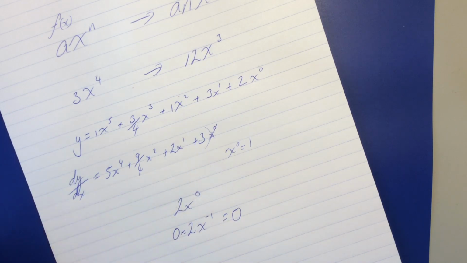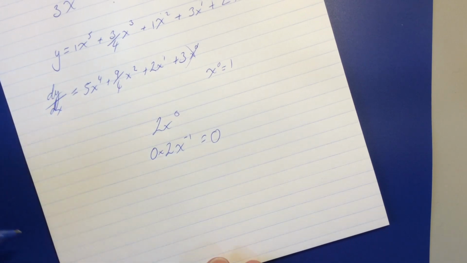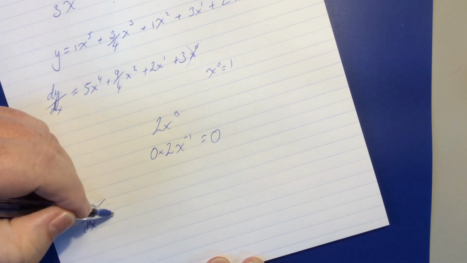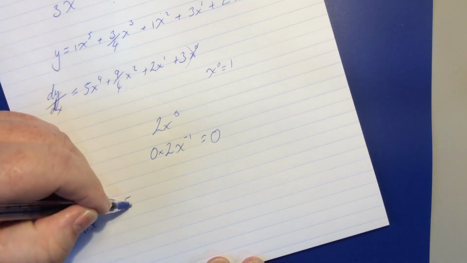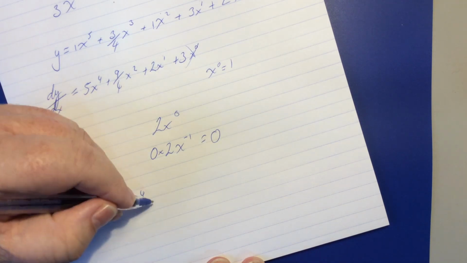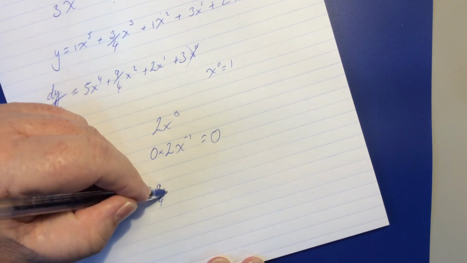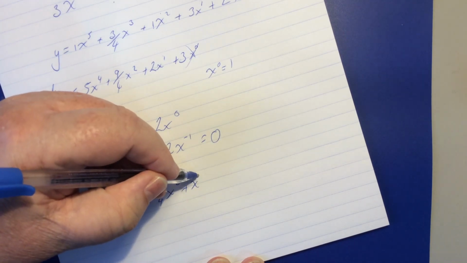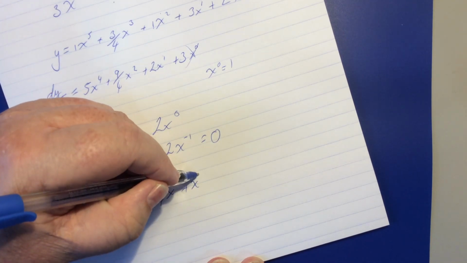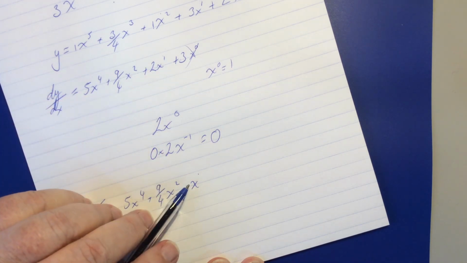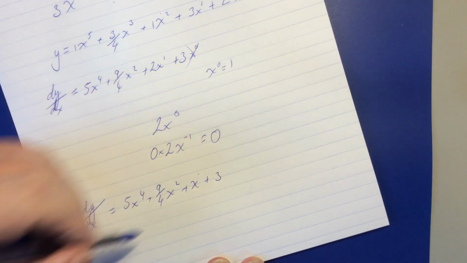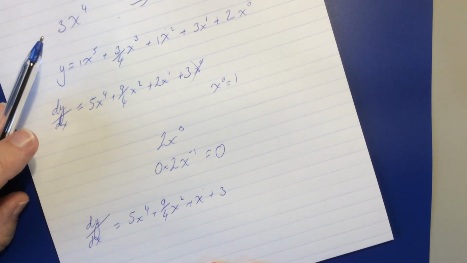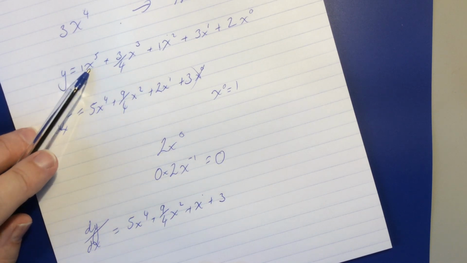So a tidy form of this is dy dx equals 5x to the power of 4 plus 9 over 4x to the power of 2 plus x to the power of 1, we can just leave that as x, plus 3. So this is the differential of this.